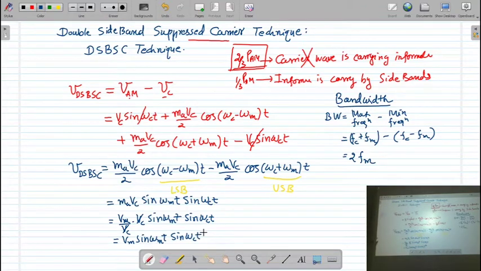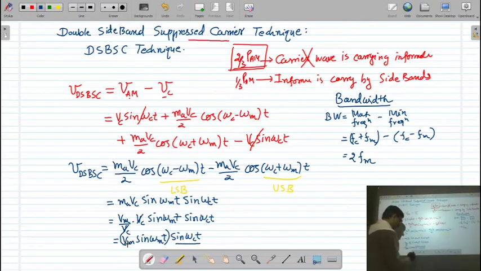Correct? So again try to understand that for the expression of the DSBSC wave, we apply the trigonometric formula. So we write Ma Vc sin omega mt sin omega ct. Ma is the modulation index, the ratio of Vm by Vc. Vc will be cancelled, and we can write Vm sin omega mt sin omega ct. This is the carrier wave. Then what is the amplitude of the carrier wave? Whatever this bracket is representing is the amplitude of this carrier wave.